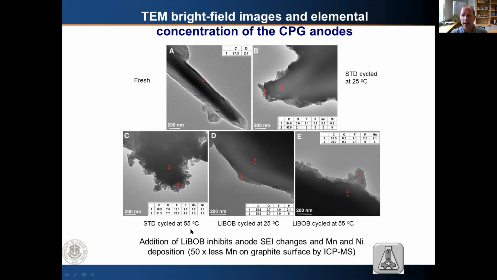Once again, this suggests that the presence of the LiBOB is inhibiting transition metal dissolution from the cathode side and deposition on the anode side, and it's also inhibiting damage of the anode SEI, which is presumably occurring via either transition metal catalyzed decomposition reactions or the generation of acidic species from the surface of the cathode.